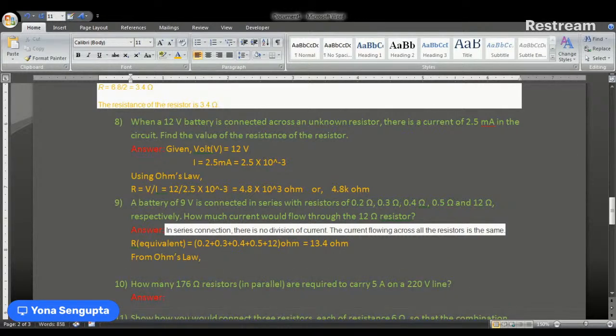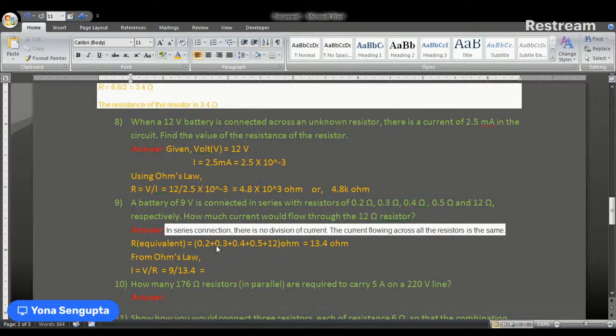We already know that I equals V by R. So it gives us I equals 9 by 13.4.